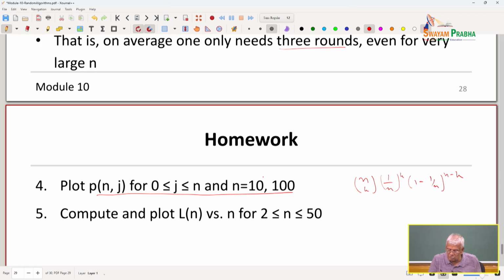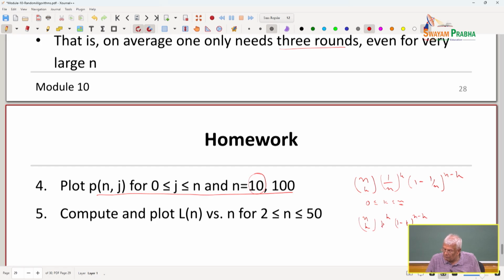Let us assume n is 10, k runs from 0 to 10; then n is 100. Please plot this. You already know C(n,k) p to the power k, 1 minus p to the power n minus k is the binomial distribution, the same as that.